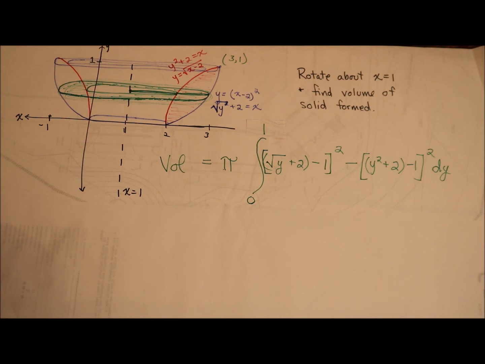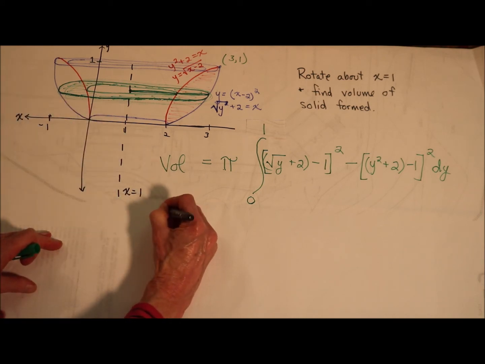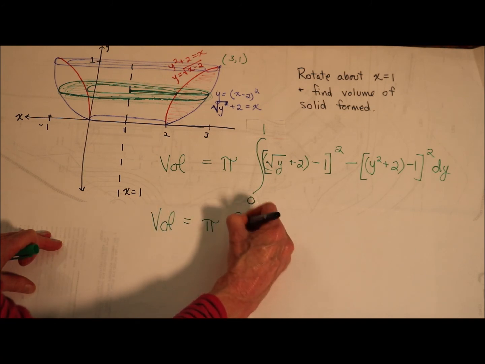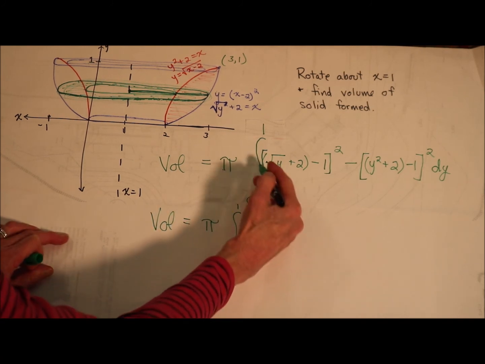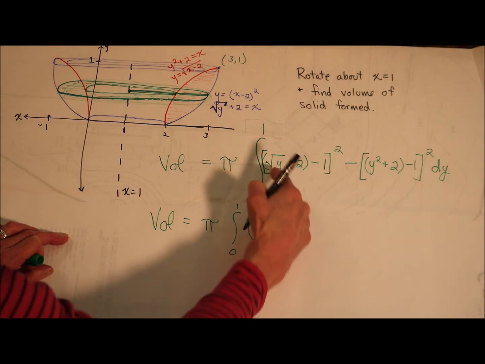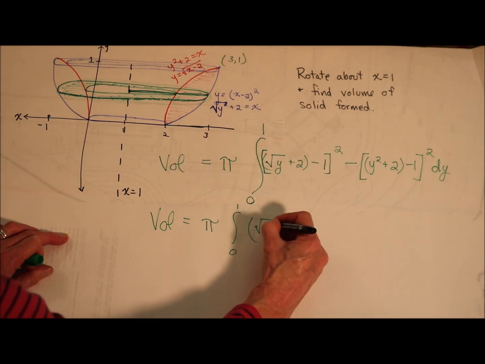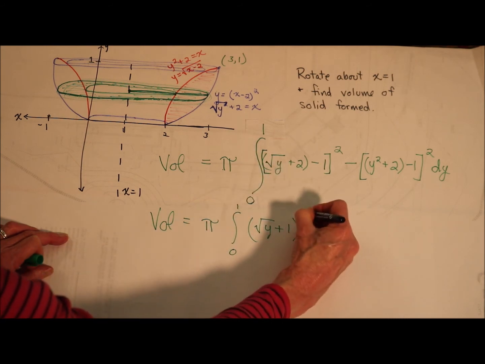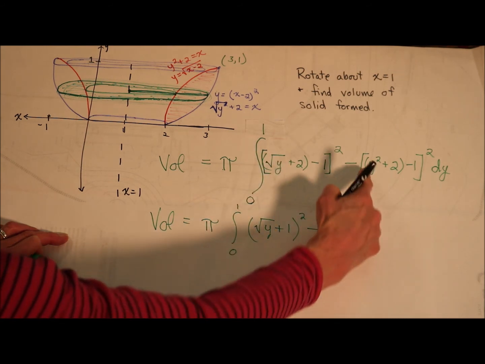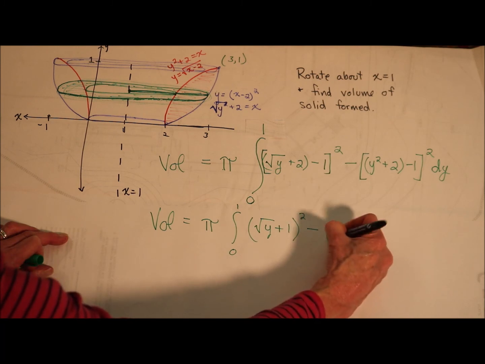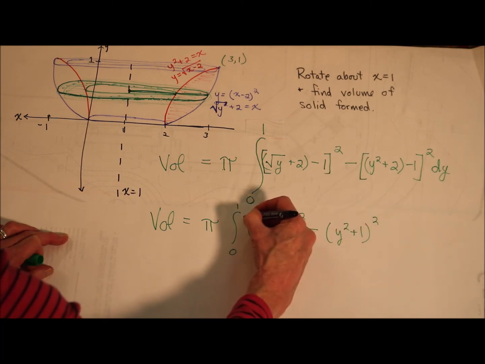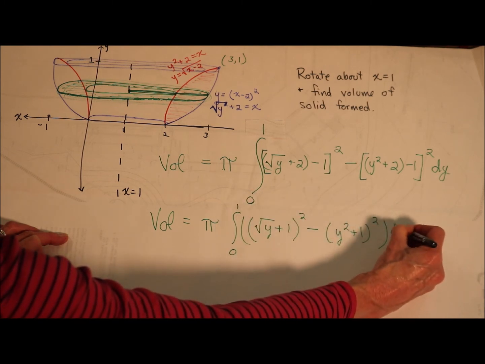You could just put this into a calculator as is. If you were doing this by hand, that might be a bit of a hassle, so you would certainly simplify it first. This is the quantity square root of y plus 1, squared, minus the quantity y squared plus 1, squared, all dy.